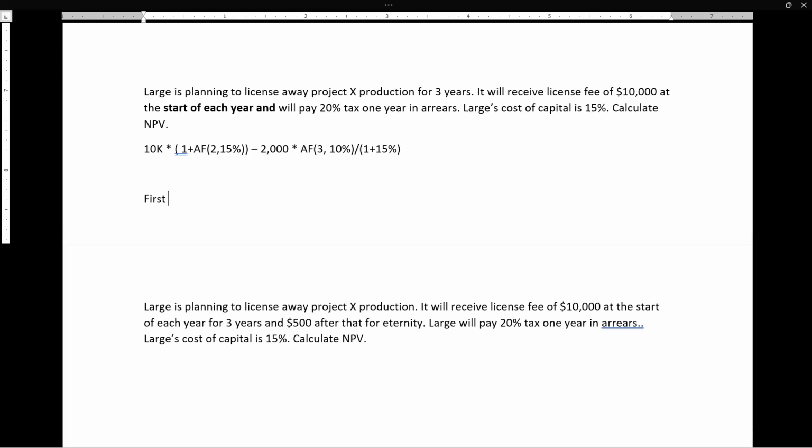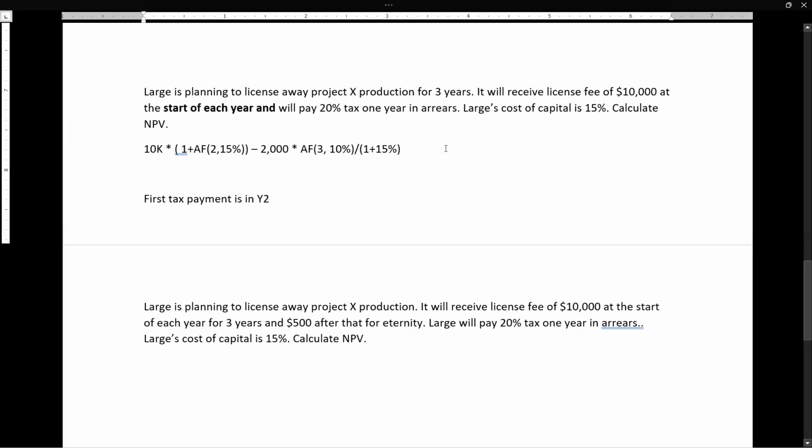Because the first tax payment is in year 2. Why in year 2? Because the P&L effect of the license fee, from which tax is calculated, is based on P&L, not the timing of cash flow. The P&L happens in year 1. And if tax is paid 1 year in arrears, this is in fact year 2.